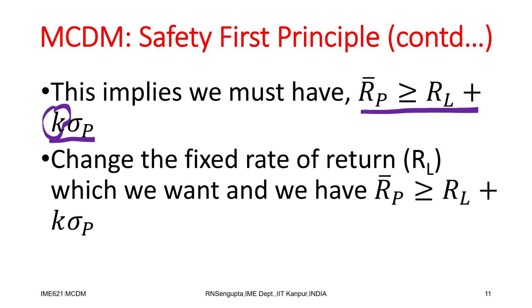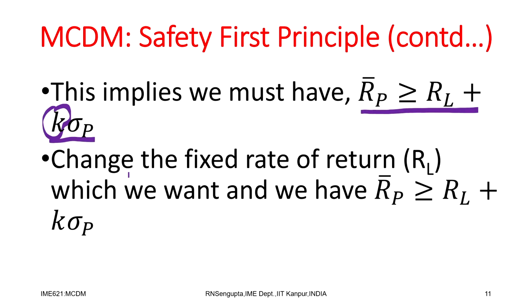Now, if you see this equation, it is a straight line equation like y is equal to m x plus c, but here with an inequality sign, greater than. You change this fixed value of return R L. So, either you can keep changing alpha, which will have an effect on k, or you can keep changing R L. Now, as the formulation was given, you want to maximize R L subject to the condition being less than or equal to alpha, where alpha is fixed.